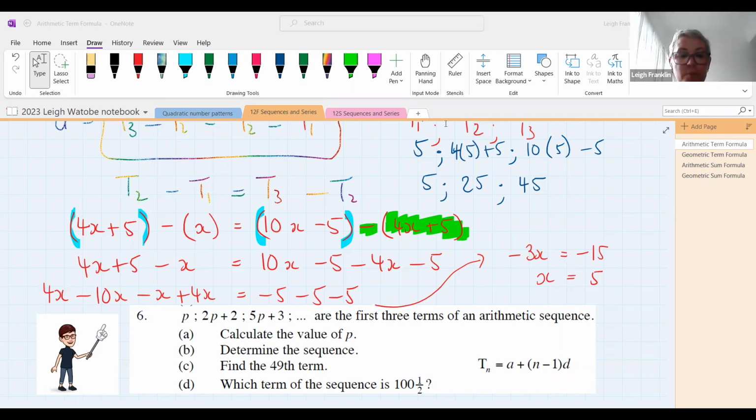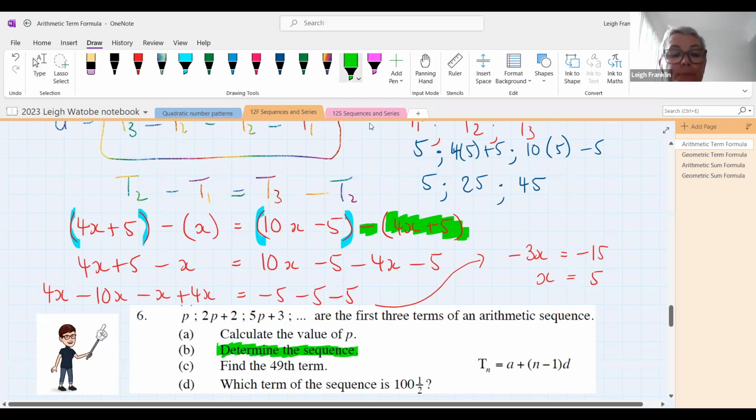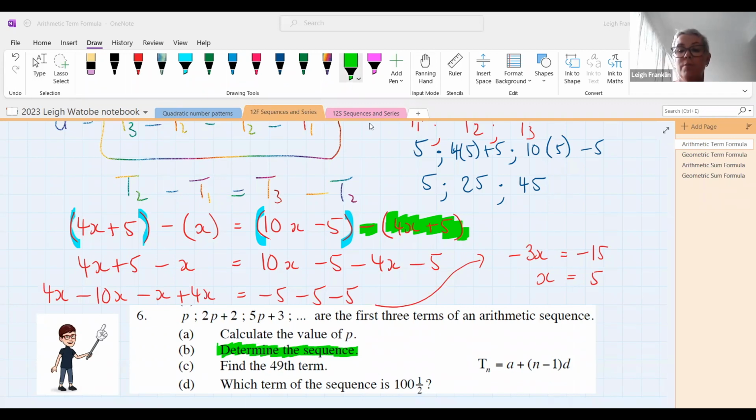So remember, determine the sequence means you just have to write down the first 3 terms of the pattern. Okay, so this bit over here, determine the sequence, is a terrible question. You'll never get that in an exam. That's it, Luandle, Rosaria, Tuso. Good job, everybody.